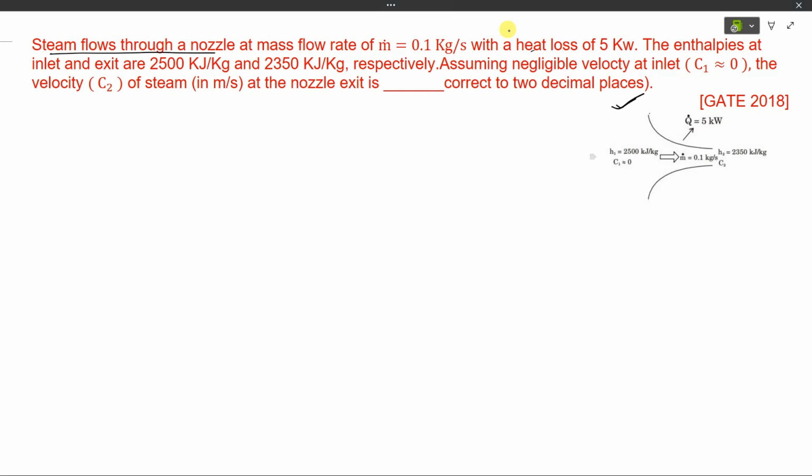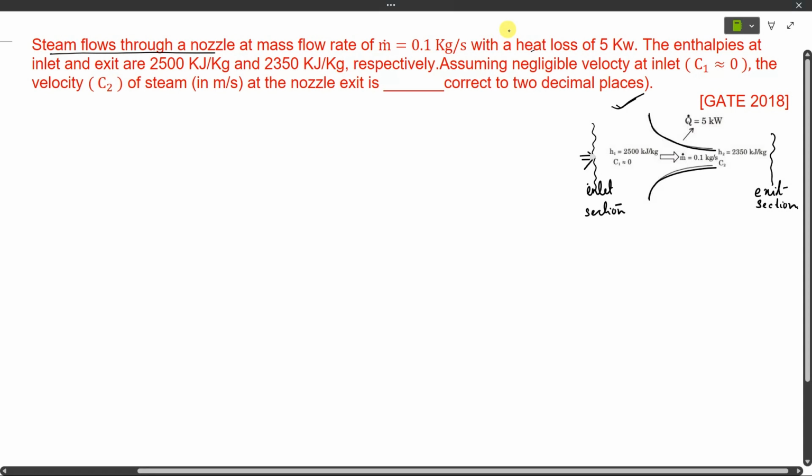So this is a nozzle through which steam is flowing from this side to this side. This side we consider to be the inlet section of the nozzle and this side the exit section of the nozzle.